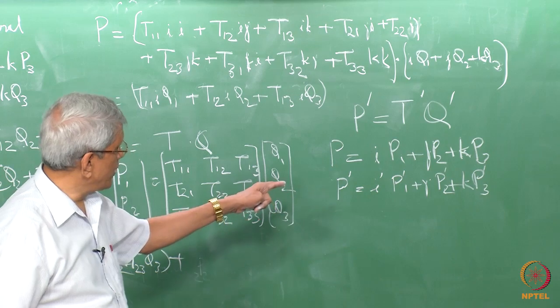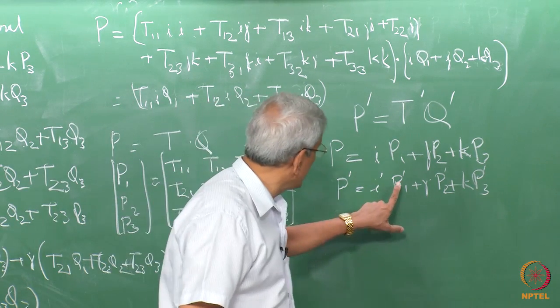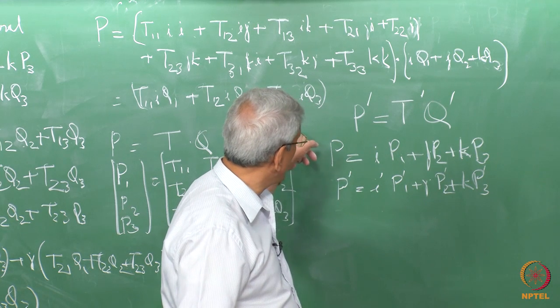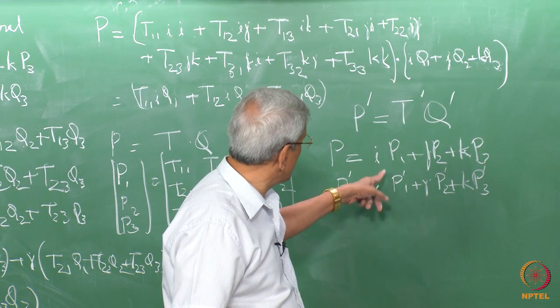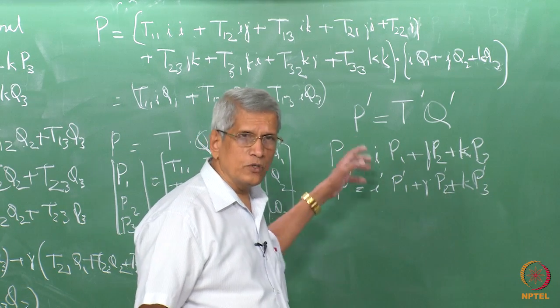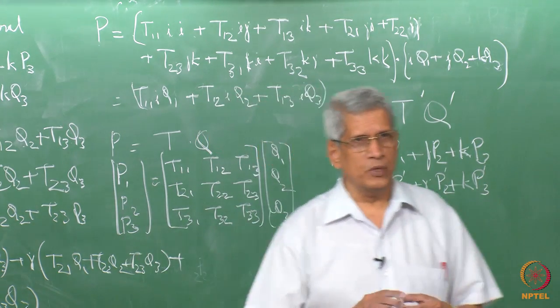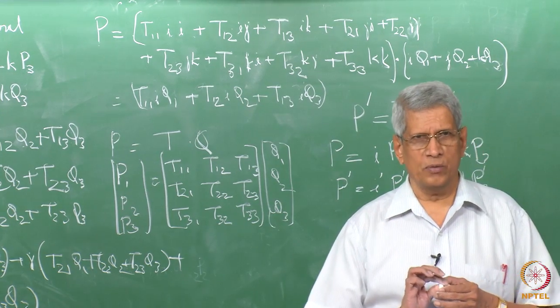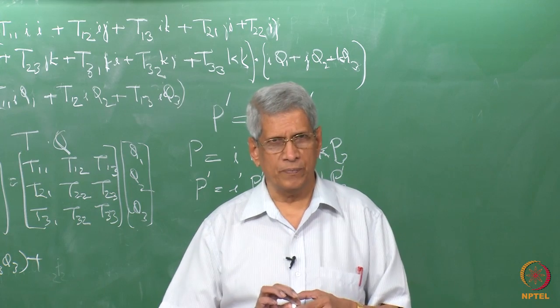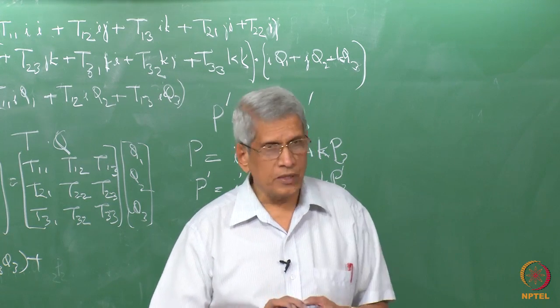If we wanted to transform into the old coordinate system, what we should do is substitute for this i dash and p dash. So when we do that, we end up with terms which are going to be the transformation. Finally, we will be getting p1, p2, p3, but the number of terms.